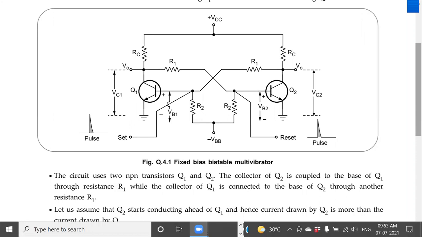When the switch is on, the resistance offered by the switch is 0. When the switch is off, the resistance offered by the switch is infinity. Now the voltage across the switch, by Ohm's law, voltage is current into resistance. Now tell me, when the switch is on, what is the voltage across the switch ideally?